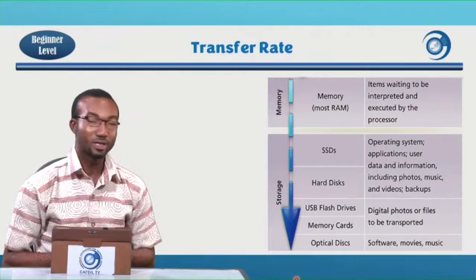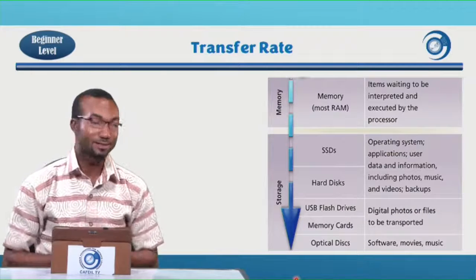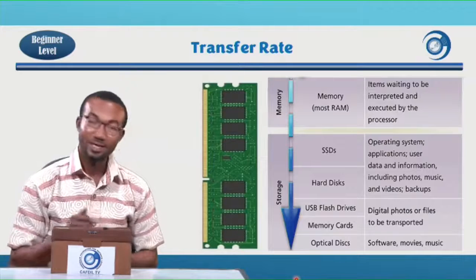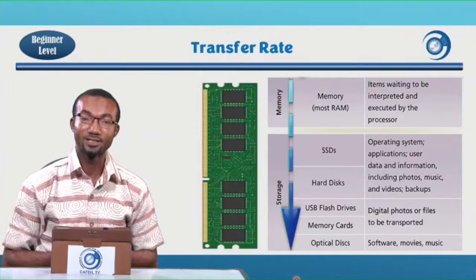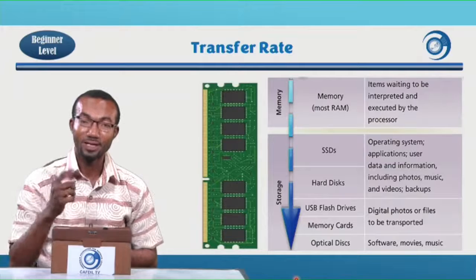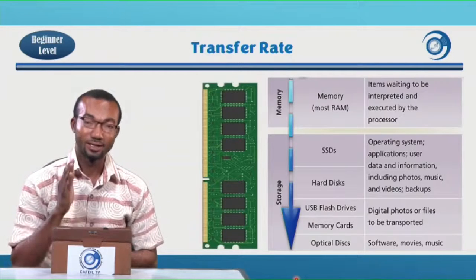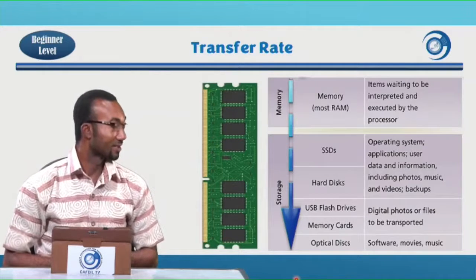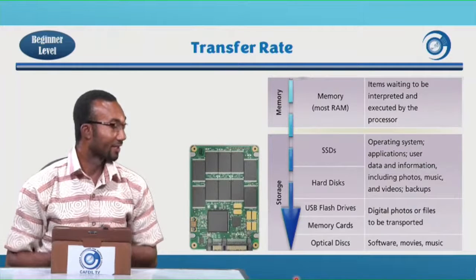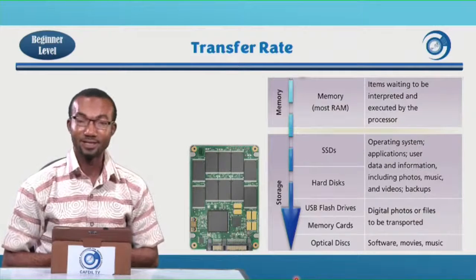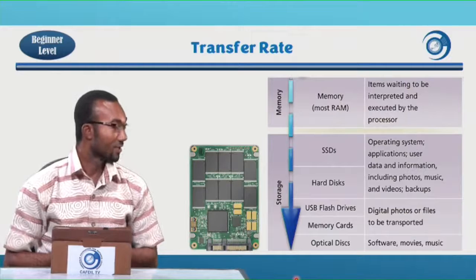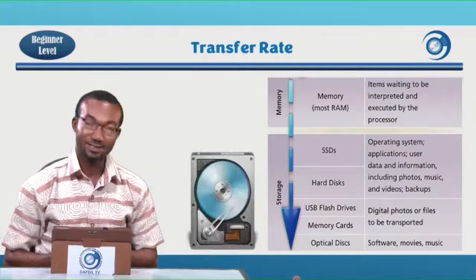So the same way as the access rate, the RAM is the first when it comes to transfer rate, transferring information to another media. The RAM is the fastest, followed by the SSD drive, that is the solid state drives, followed by the hard disk, that's the third one.